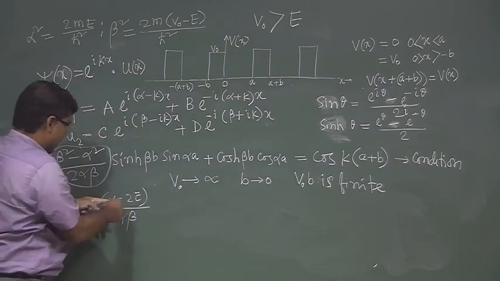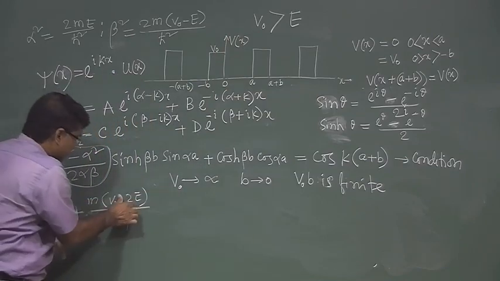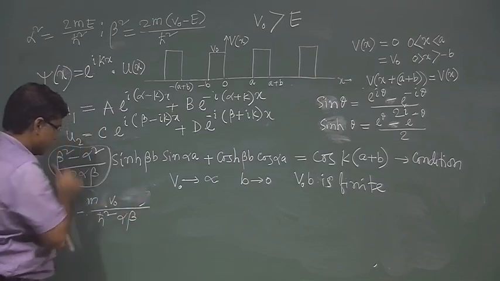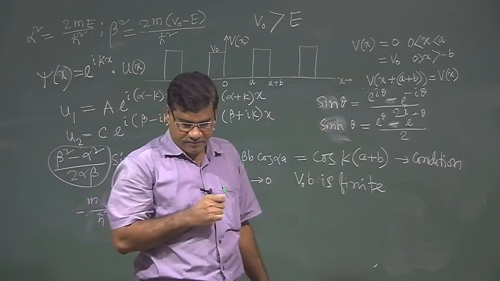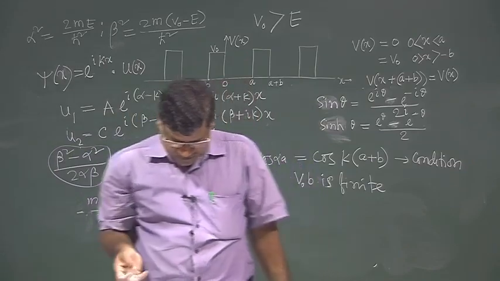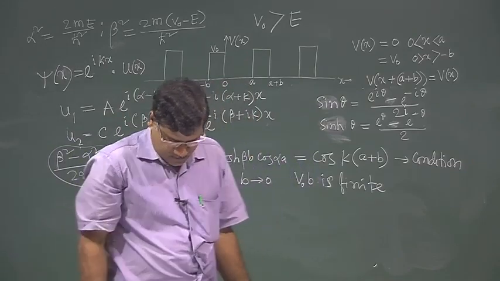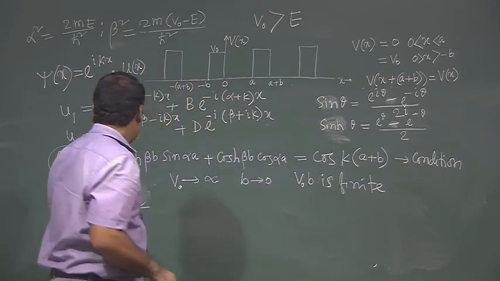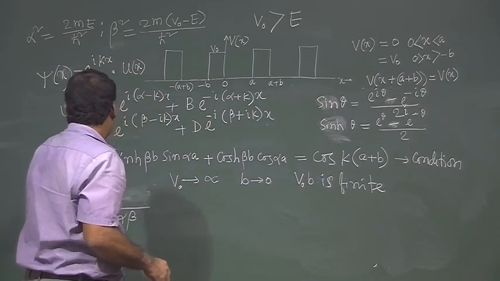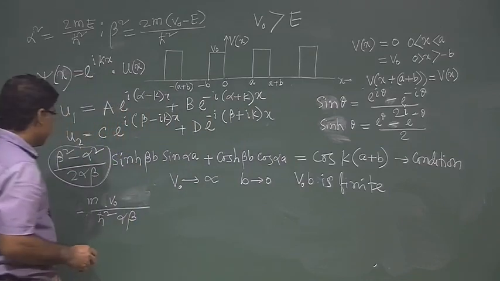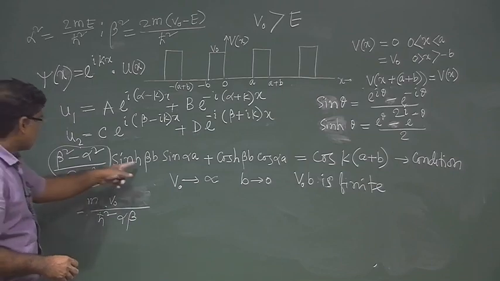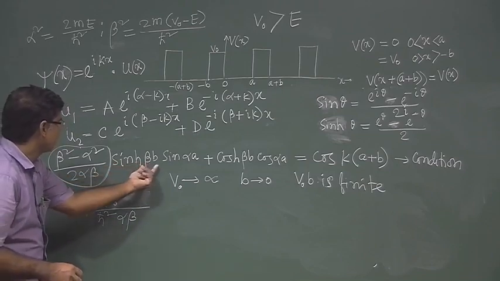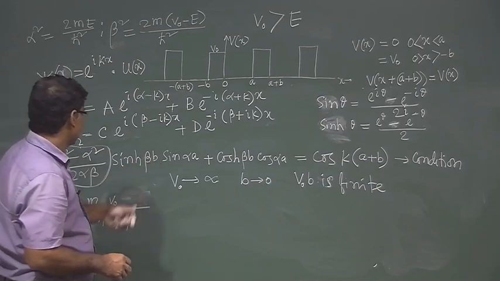So, this is the condition. If v is very high compared to e, I can remove this, right. So, I will get m v0 by h cross square alpha beta from here. Now, you see this term beta b.